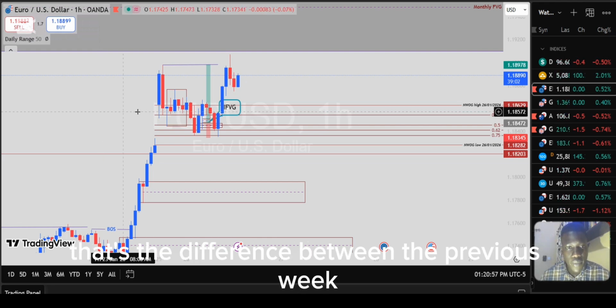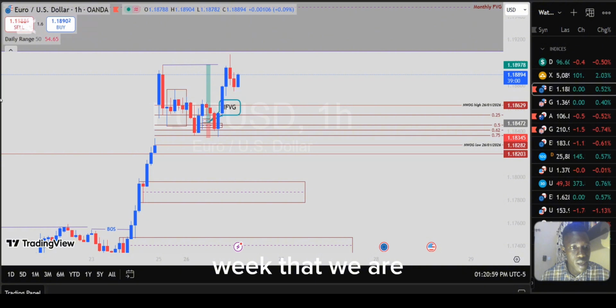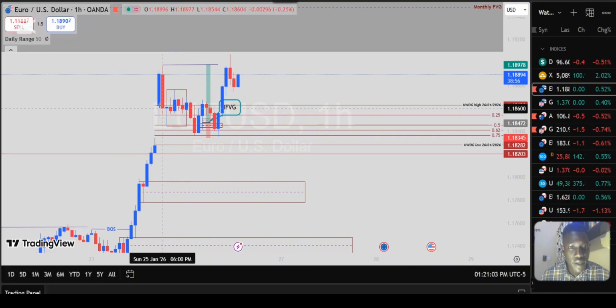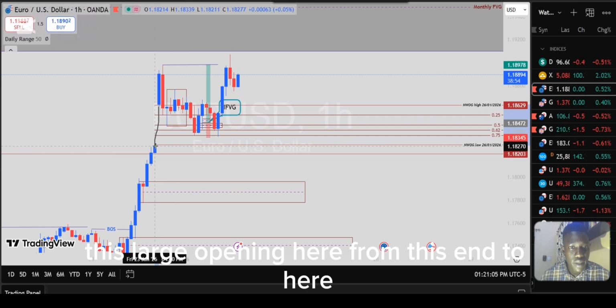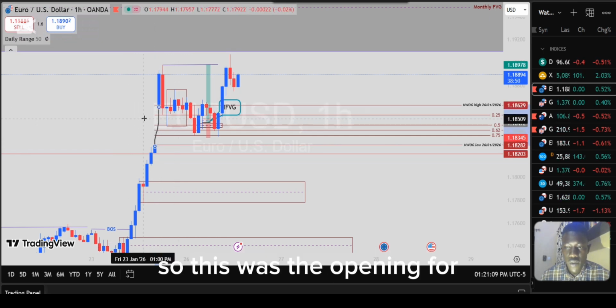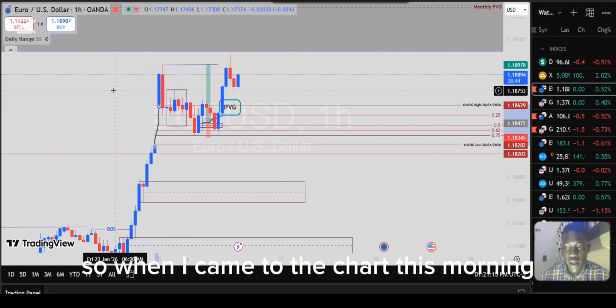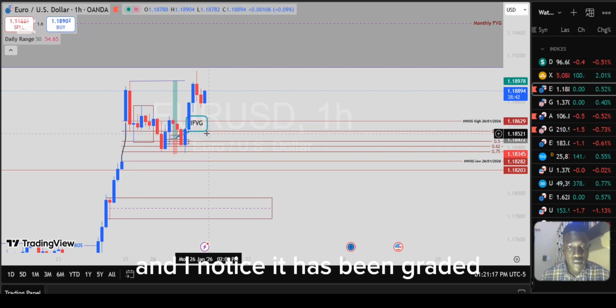We had this large opening here from this end to here. So this was the opening for EURUSD. When I came to the chart this morning, I noticed it had been graded.